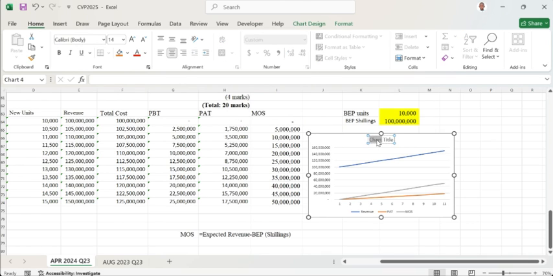Margin of safety, nimechukua the expected revenue, nime minus 100 million. So 100 million is constant.